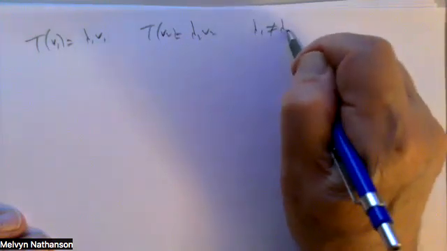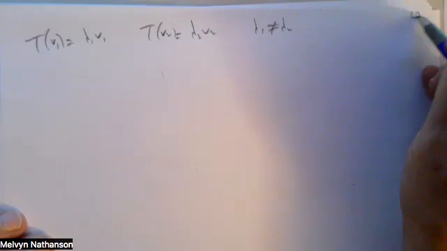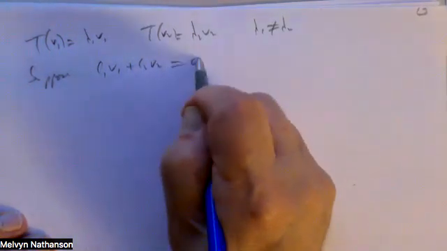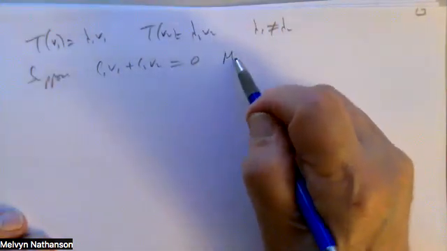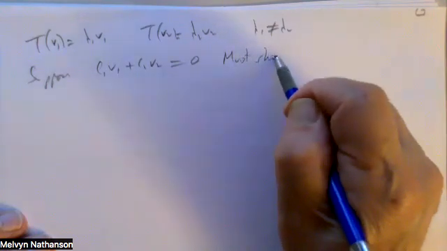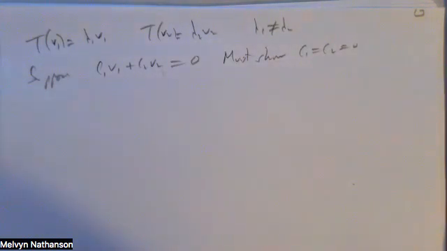So we have T of V1 is lambda 1 V1, T of V2 is lambda 2 V2, and lambda 1 is different from lambda 2. Suppose some linear combination C1 V1 plus C2 V2 is equal to 0. I must show C1 and C2 equal 0. That's linear independence.